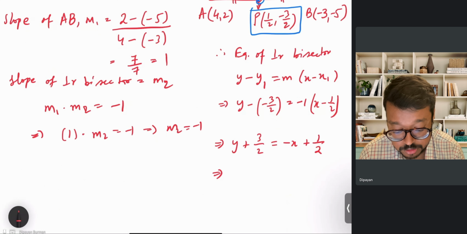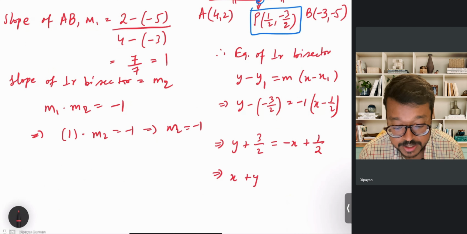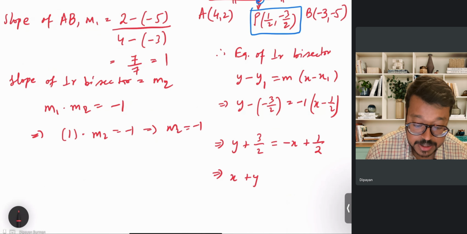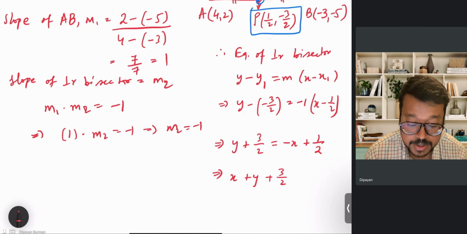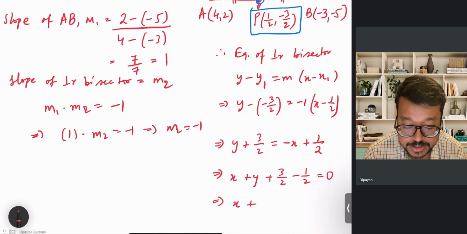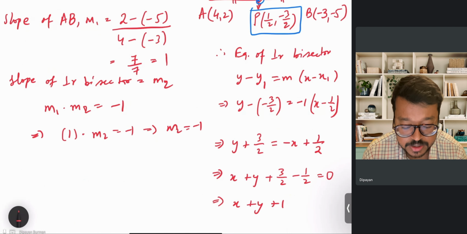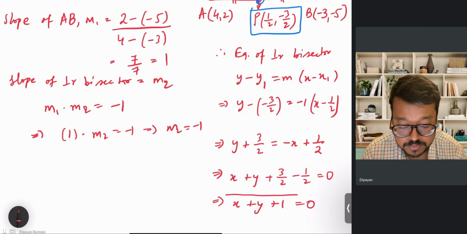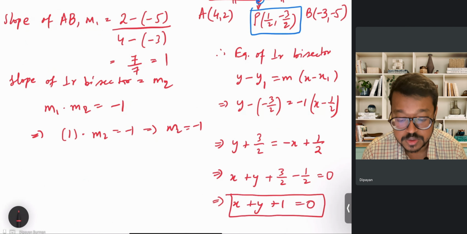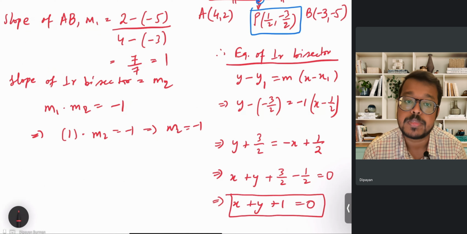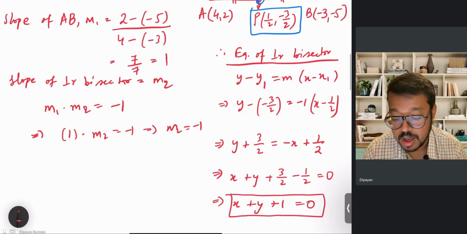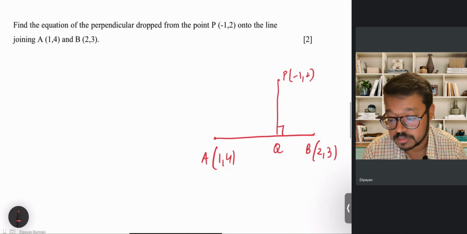So minus x will be x plus y, and we have 3 by 2 minus 1 by 2 equals 0. So that means x plus y, 3 by 2 minus 1 by 2 is 2 by 2, which will reduce to 1. So x plus y plus 1 equals 0 is the equation of the perpendicular bisector. Moving ahead to the next question.